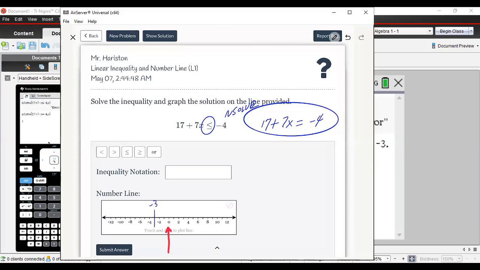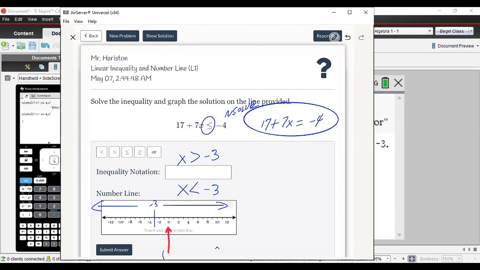But here's the question. Is it going to be going to the left or to the right? Another way of saying that is, should it be x is greater than -3, or should it be x is less than -3? Well, we're going to choose a number and see if it's true or false, and that'll help us determine.